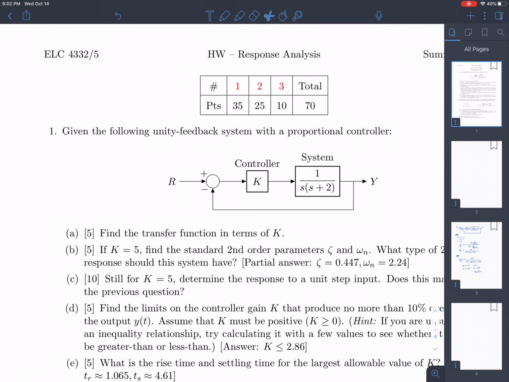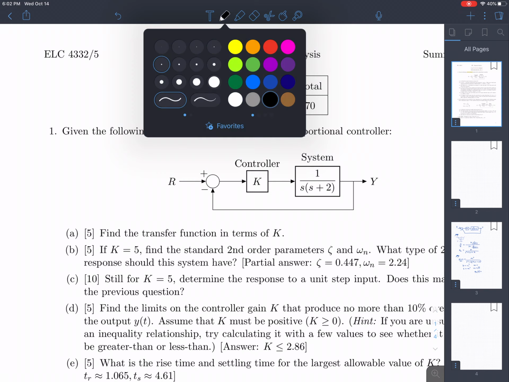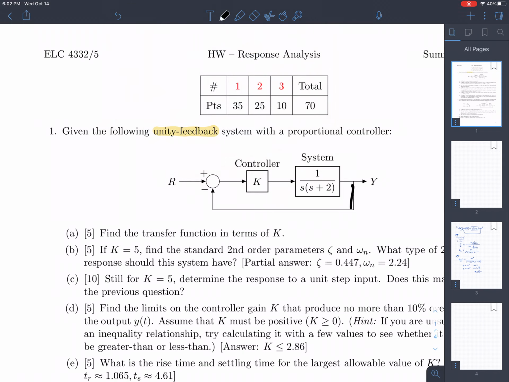All right, so you're given a unity feedback system. Unity feedback just means there's no transfer function along this path coming back this way. So we're just literally taking the signal Y of s and feeding it back with, you can think of this as having a gain of 1.